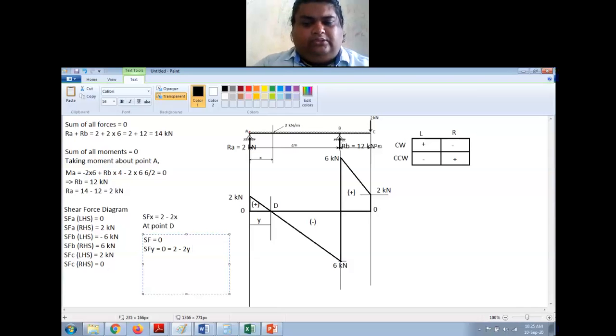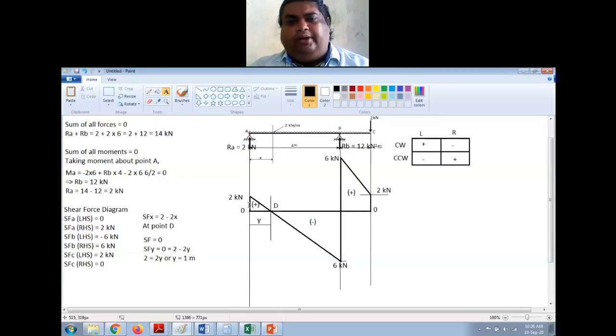Now when you solve this, since 2 minus 2y is equal to 0, 2 is equal to 2y or y is equal to 1 meter, right?